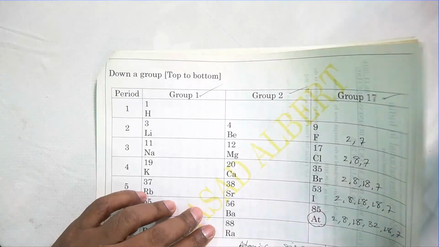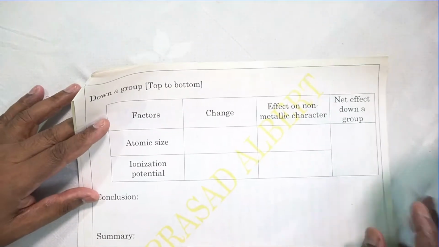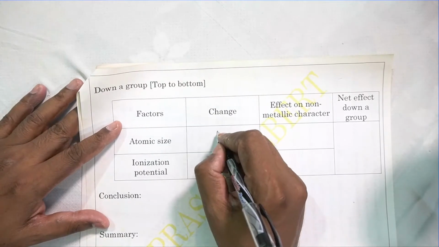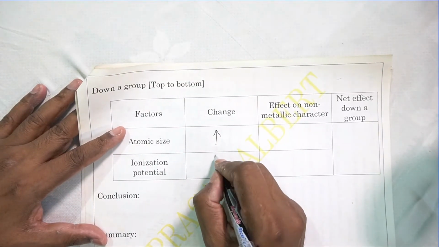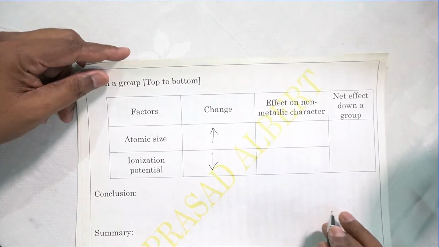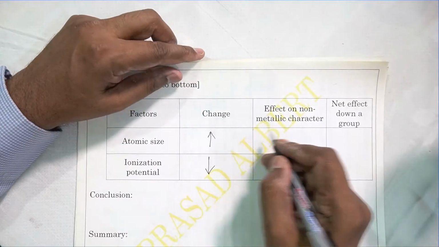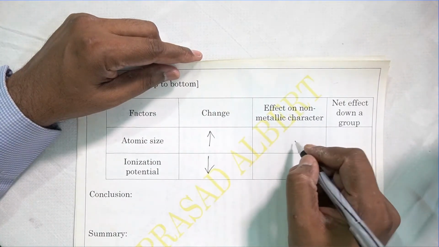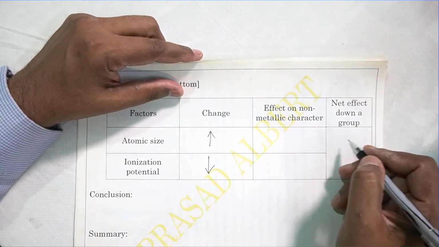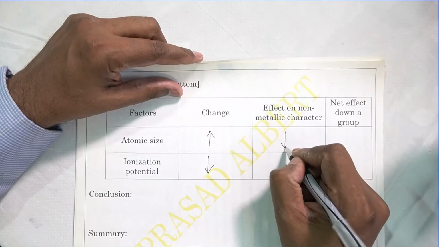With this, let us move to the next one. So here we understand. Let's put these factors together. Atomic size is increasing down a group and ionization potential down a group is decreasing. Okay, when atomic size increases, it is difficult for the element to gain an electron because the outermost orbit is far away from the nucleus, so it will decrease.